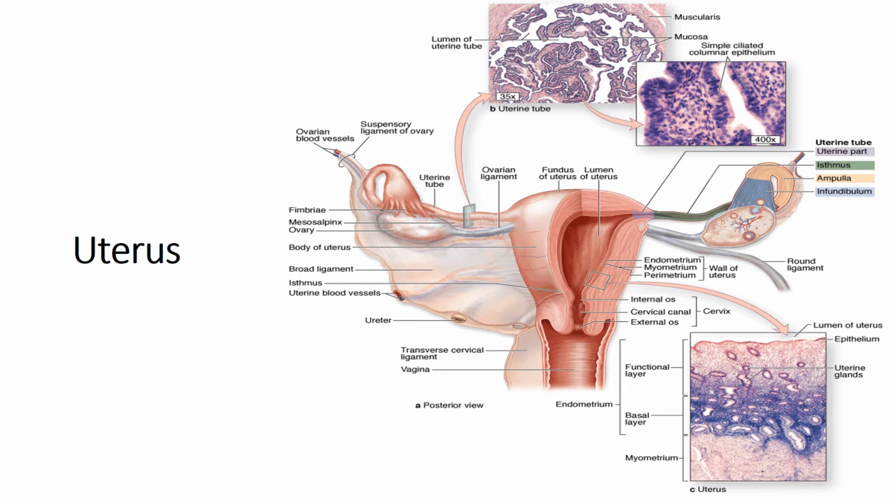The part below this is known as the body, and the narrowing portion, which is near the vagina, is known as the cervix. So there are three parts: the fundus, the body, and the cervix.